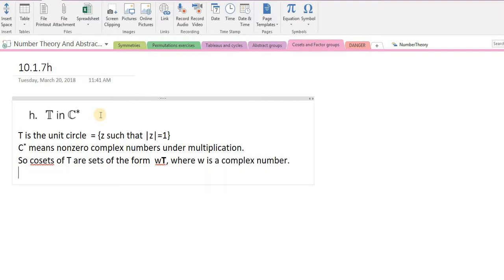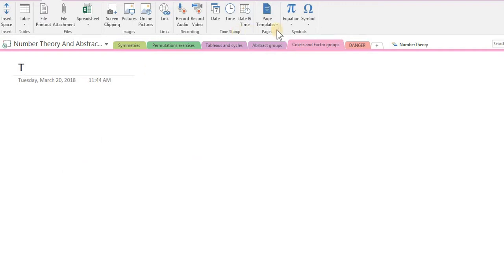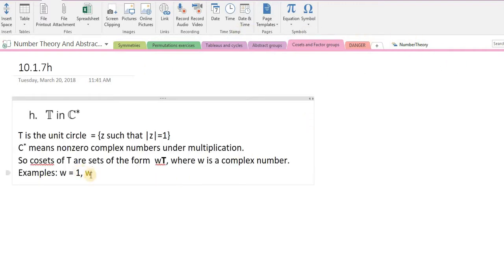Let's just look at some examples. Suppose w, let's do something simple, suppose w equals 1. That's a very simple example. Then wT is equal to T.